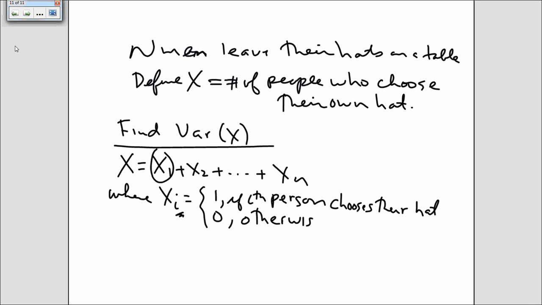So either X1 is 1 or 0. And when you add up all the 1s and the 0s, you will find out how many people got their own hat. That's X. That's how we defined X.